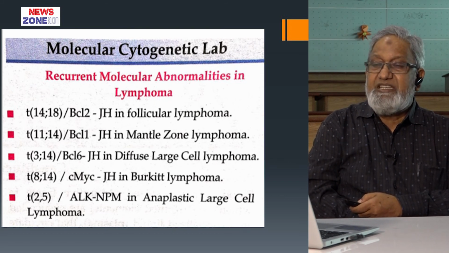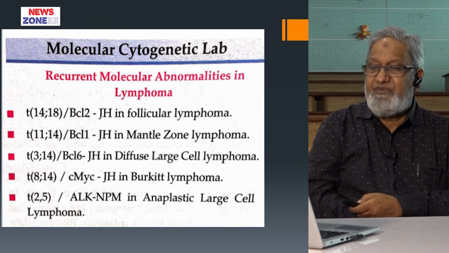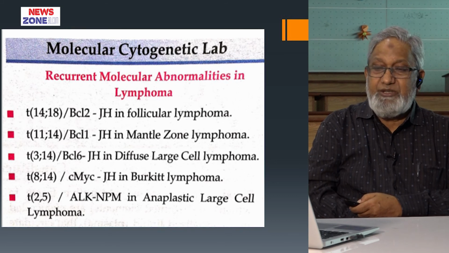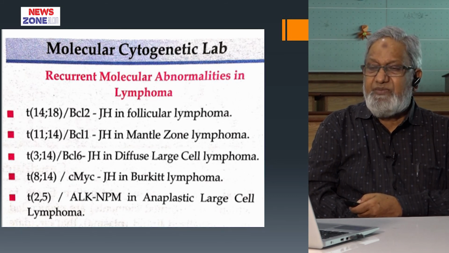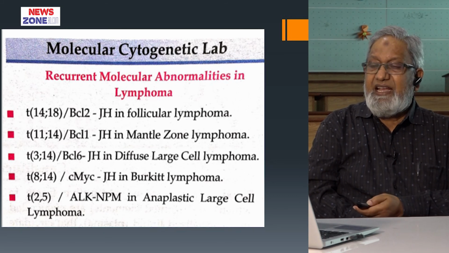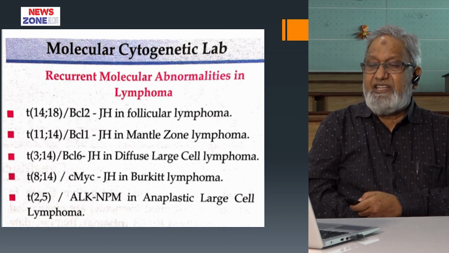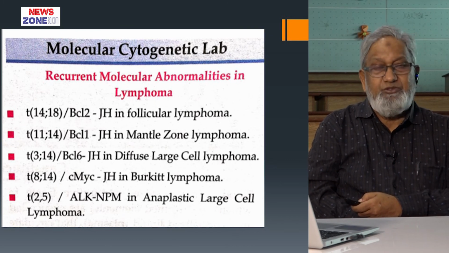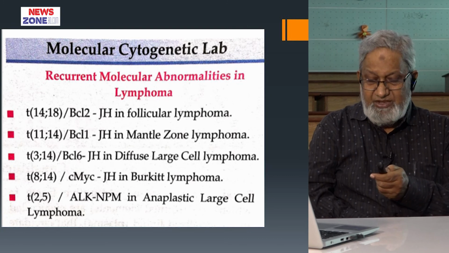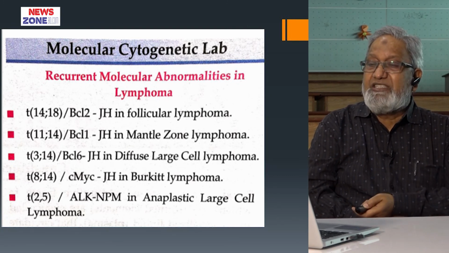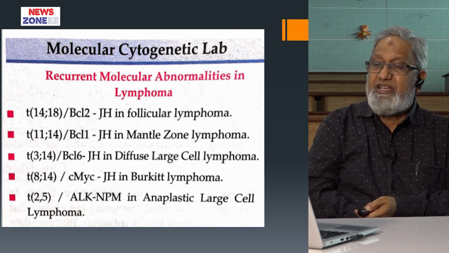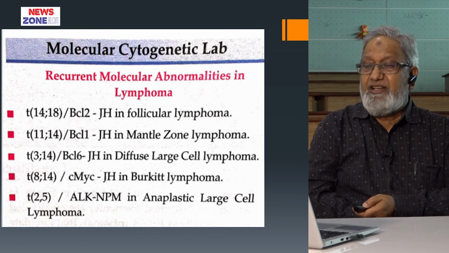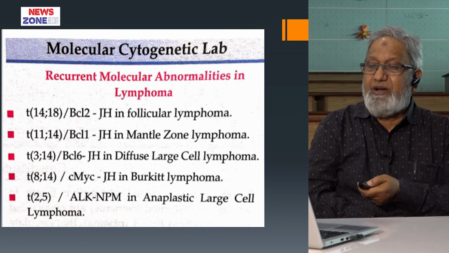The translocation between 3 and 14; in Burkitt's lymphoma, translocation between 8 and 14; and anaplastic large cell lymphoma, translocation between 2 and 5. So, this molecular cytogenetics is also important in the diagnosis of non-Hodgkin's lymphoma.